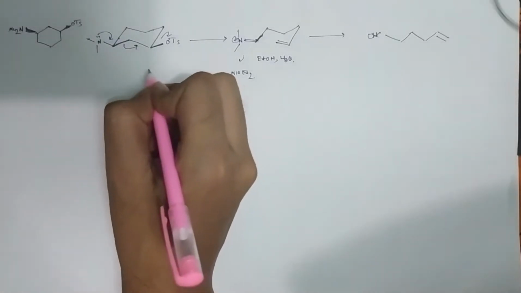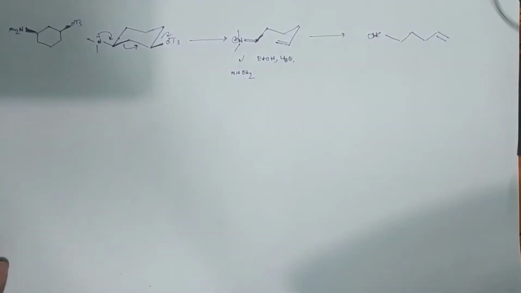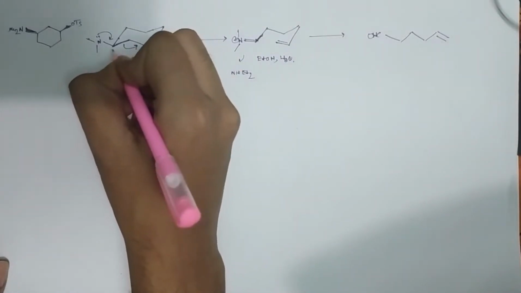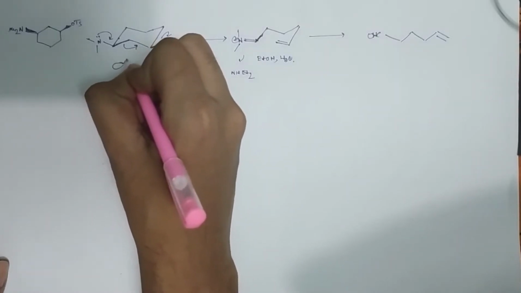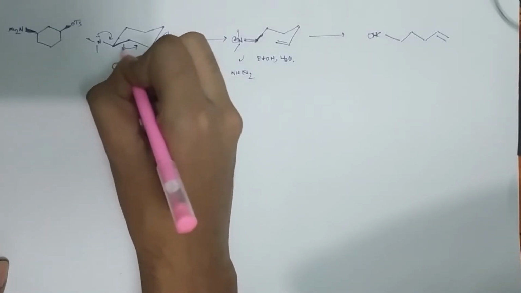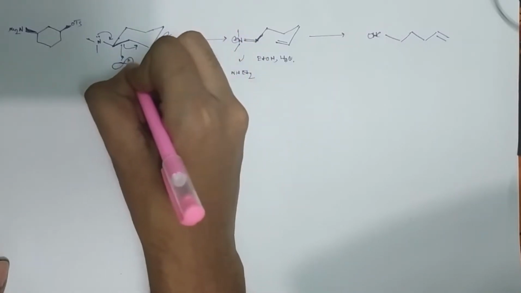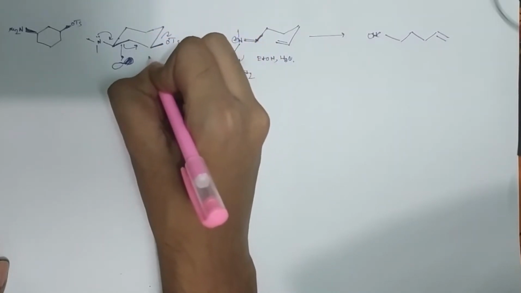If you want to see the orbital picture responsible for that, I can say that here is a sigma orbital of this bond, parallel to this, and here, so let's show the phases. Here is a sigma star of that.